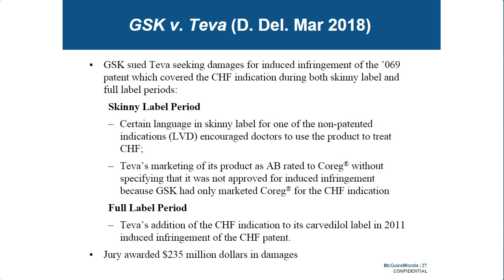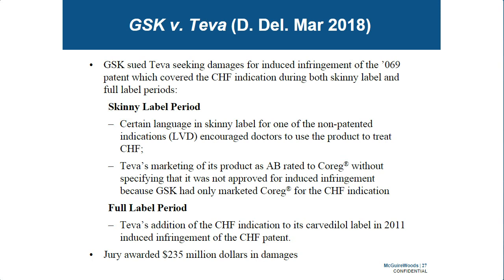For example, Teva marketed its product as AB rated to GSK's Correct product without specifying that it was not approved for that use, because GSK had only marketed Correct for the CHF indication.